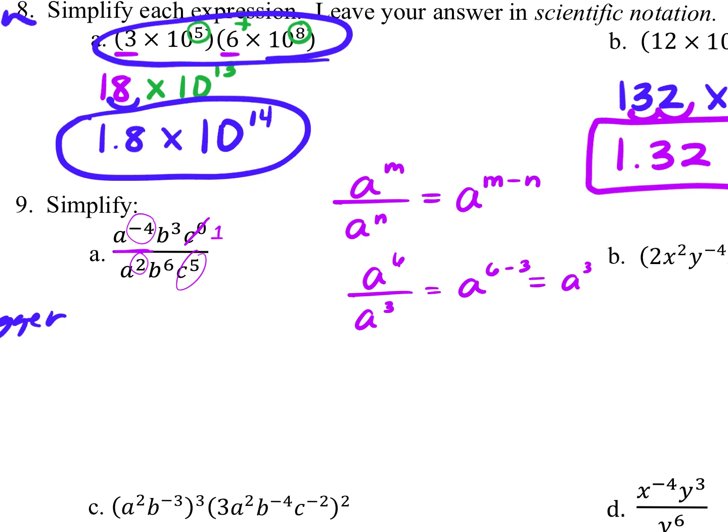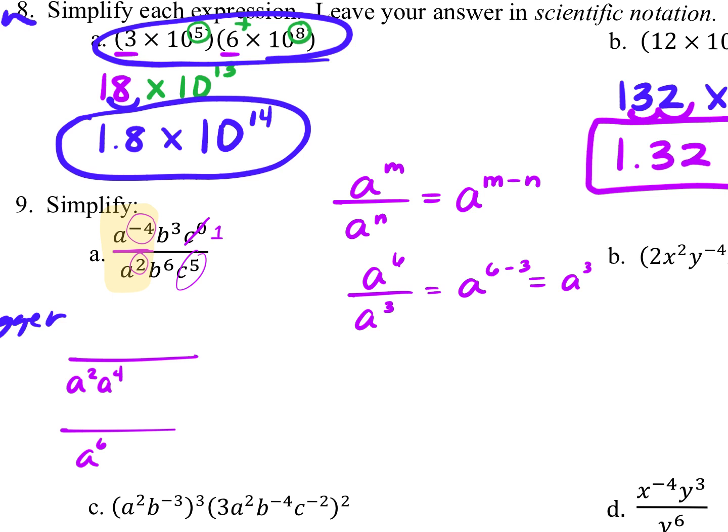Okay, so this being the case, look at just your A's right now. Some of you said we could flip it. We could move A to the 4th to the bottom, which is fine. Then you have this. What does that become? A to the 6th on the bottom. You are more than welcome to do it that way.